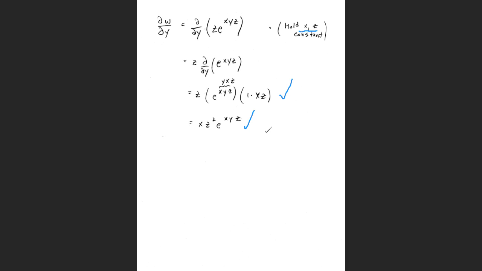Now we're left with the last partial derivative, the partial derivative of w with respect to z. If we're going to find this, what variables do you hold constant?